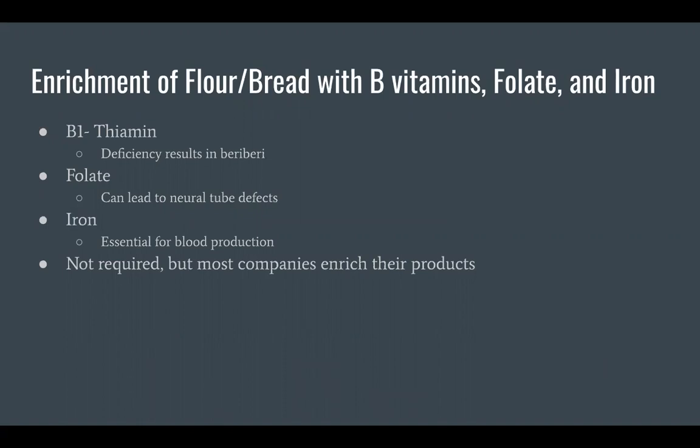Now, this is not a required practice, and actually, public interest and demand wasn't as high for the enrichment of these flour or bread products compared to the public health interest for that of salt and milk. For one, people weren't as aware of these conditions such as beriberi or the neural tube defects. In addition, it was more expensive for smaller milling companies to enrich their products with these vitamins and minerals.